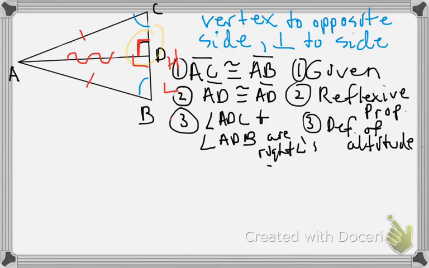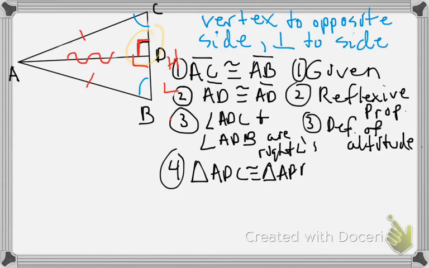And we can say number 4 can be triangle ADC is congruent to triangle ADB by hypotenuse leg.